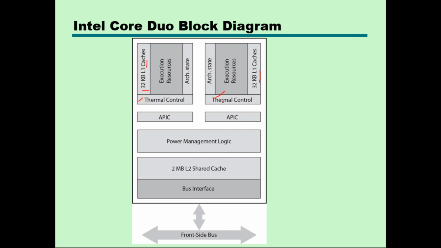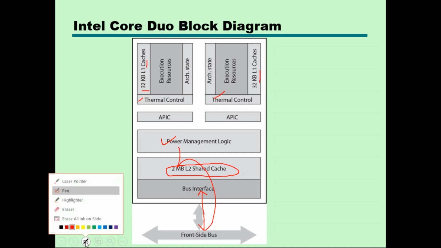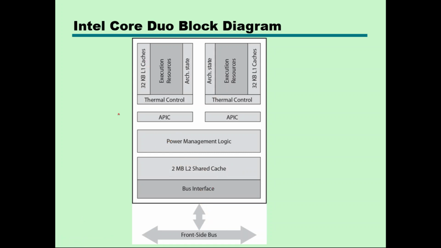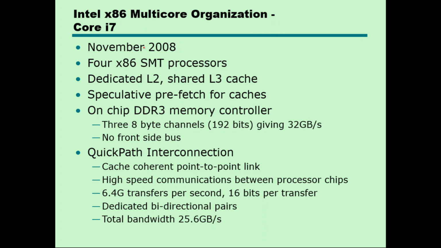They have a thermal control unit, APIC, power management logic, and there is a shared L2 cache of size 2 MB, and a bus interface which connects the CPU bus with the system bus. APIC stands for Advanced Programmable Interrupt Controller. So this is the organization of Intel Core Duo.